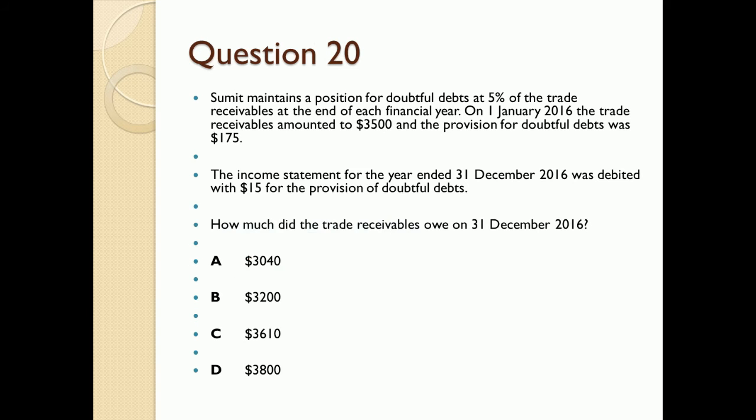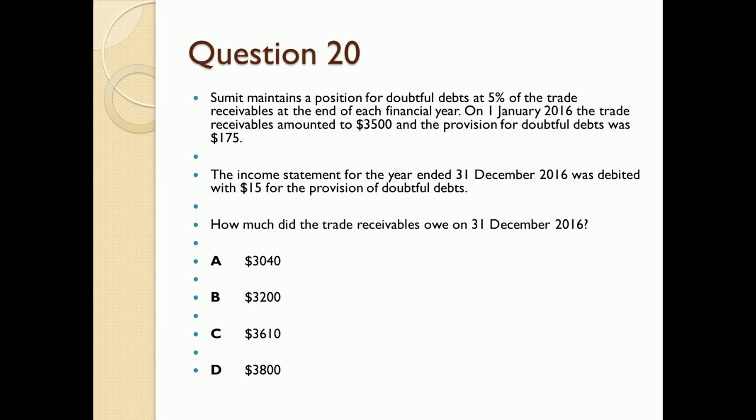Okay, let's see the next question. S maintains a provision for doubtful debts at the rate of 5% on trade receivables at the end of each financial year. On 1st January 2016, the trade receivables amounting to 3,500, that is the opening value of your current assets, and the provision for doubtful debts was $175. So it reflects 5% of 3,500.